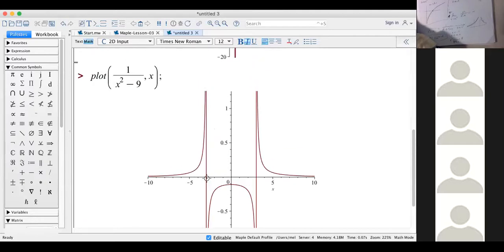And here, x equals -3, this is the vertical asymptote at -3. And as you approach -3 from the left, the function is going to plus infinity. Okay? That's what's going on there. As you approach -3 from the right, you're going to minus infinity, and so on.